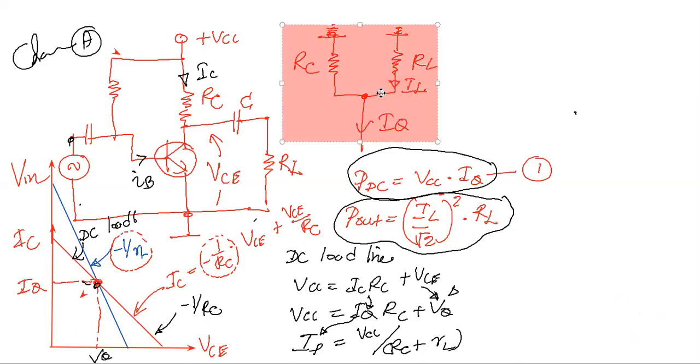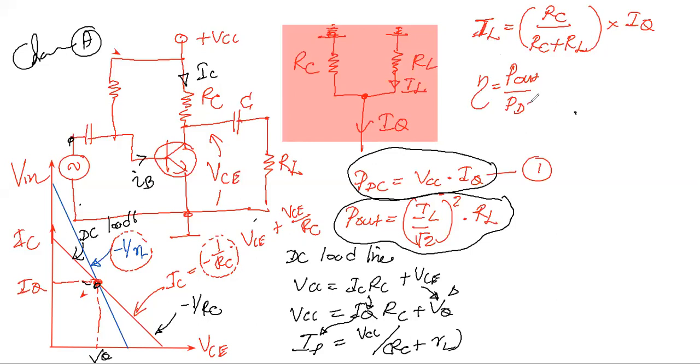By focusing on this circuit diagram, you can write down the equation for IL. IL you can write down as RC divided by RC plus RL into IQ. By using this equation, you can write down the equation for IL. And then just substitute this P out and PDC into eta. You can write down P out divided by PDC.